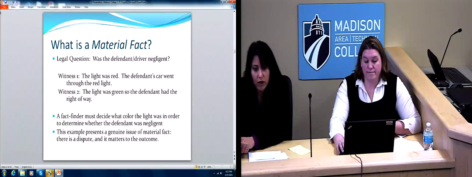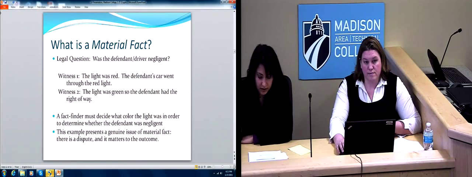So when you want to figure out if a fact is material, you need to know what the substantive law is. Let's pretend we have a legal question: was the defendant driver negligent? Witness 1 gets up and says, the light was red. The defendant's car went through the red light. Witness 2 says, the light was green, so the defendant had the right of way.